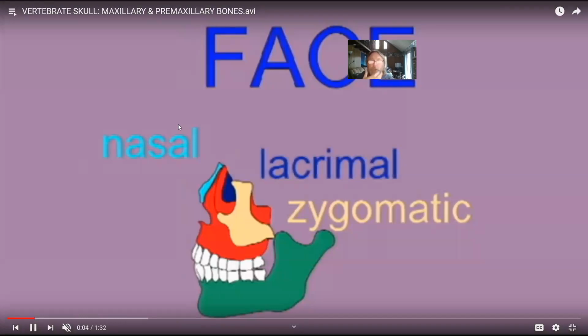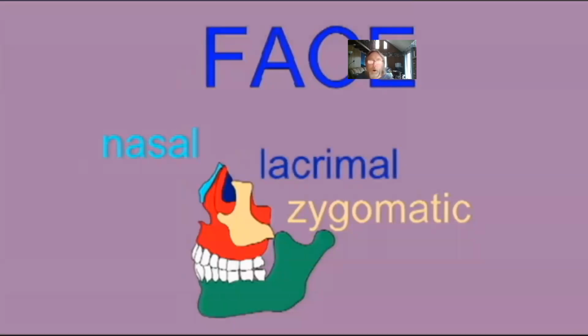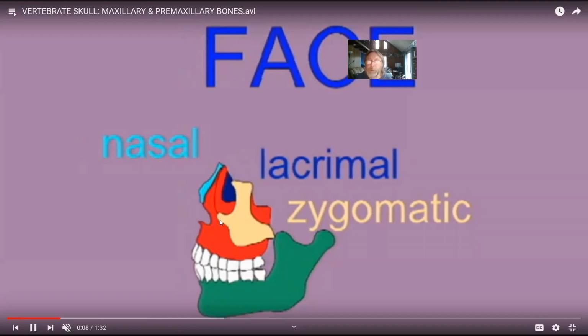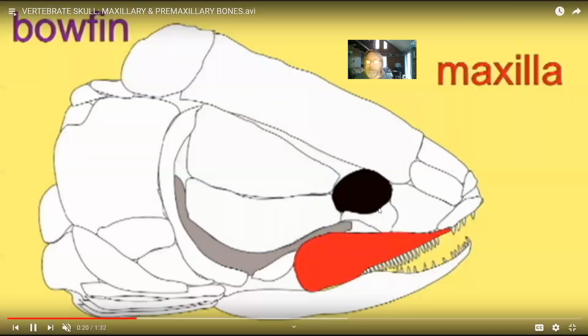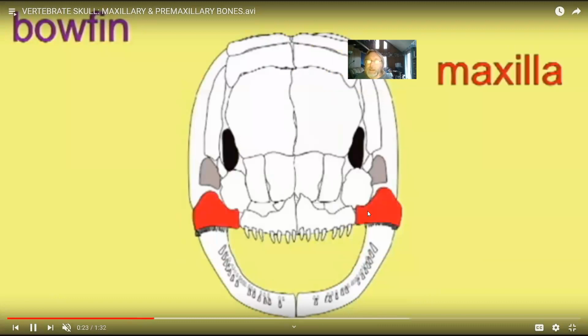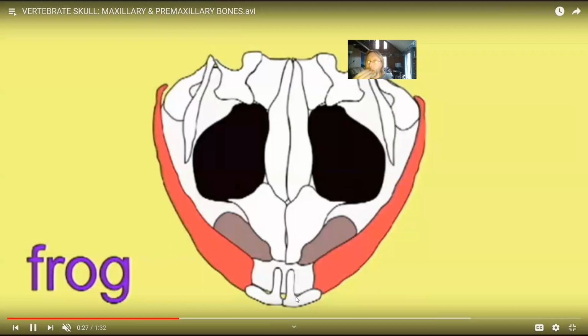As adult humans, all of our teeth are held in a facial bone known as the maxilla. But it should be noted that when we were fetuses, our incisors were held in a premaxilla. If you were to look at a fish, like this bowfin, it not only has a maxilla in red, but it will also have a premaxilla in front of it holding some of the teeth.